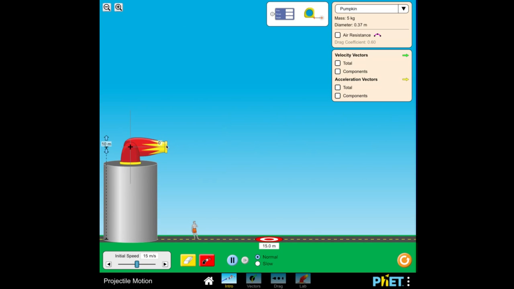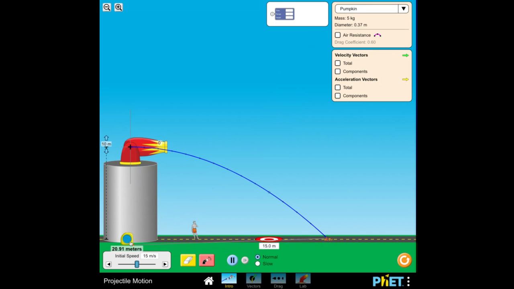And what we have here is a cannon, which if we press the fire cannon button, come on, cannon fire. There we go. We see a trajectory of the cannon. And we have a tool, which is a tape measure. We can use that to measure distance.